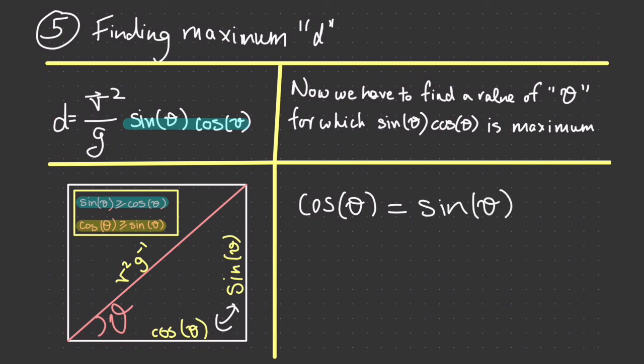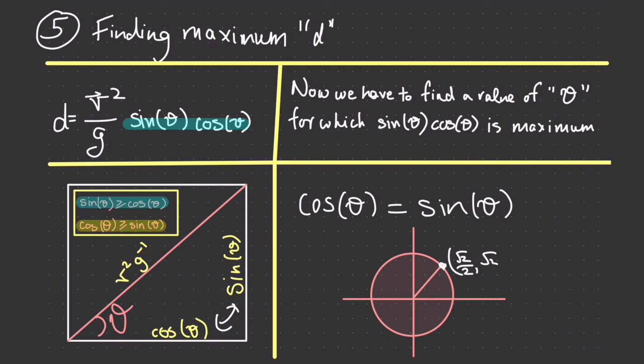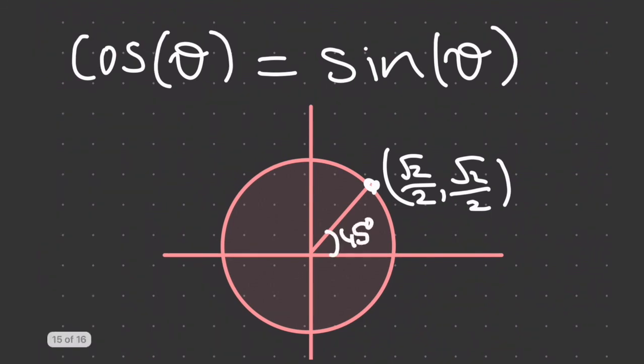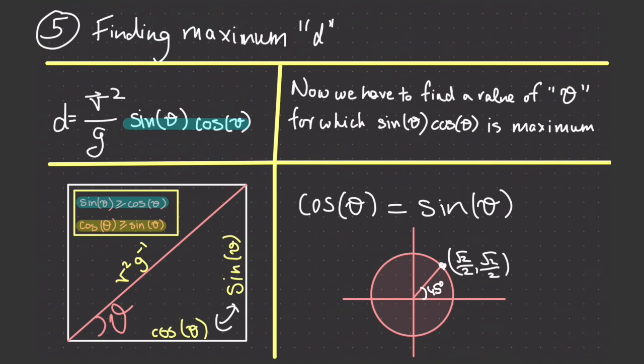Now, if you guys know the unit circle even a little bit, which I assume you do if you're watching this video, you know that if we draw a unit circle here, this is only true for when you have a point here such that its coordinates are root 2 over 2 and root 2 over 2, and it must be the diagonal of a square, which is always 45 degrees, or for the radian fans out there, theta must equal pi over 4 or 45 degrees.